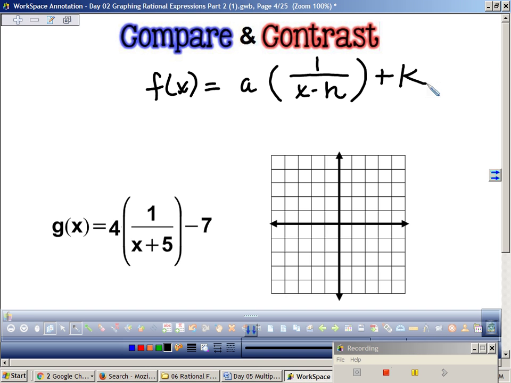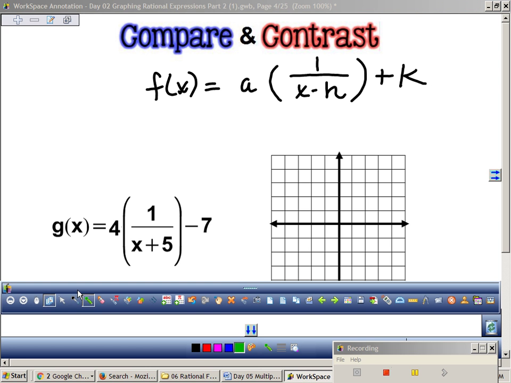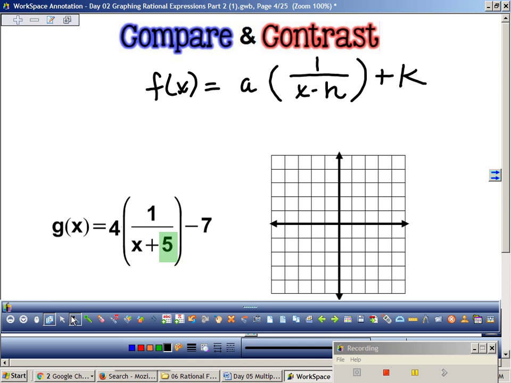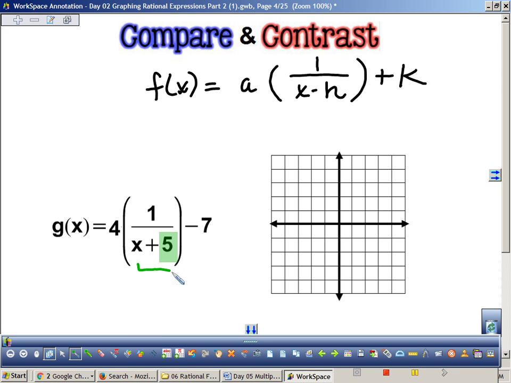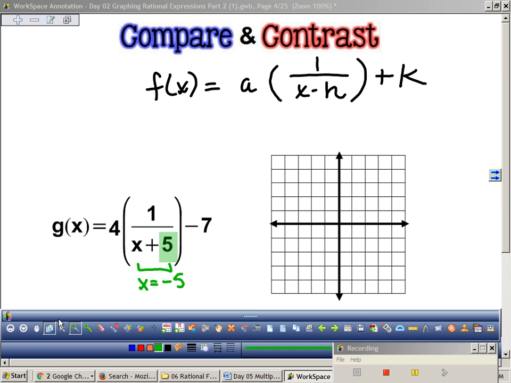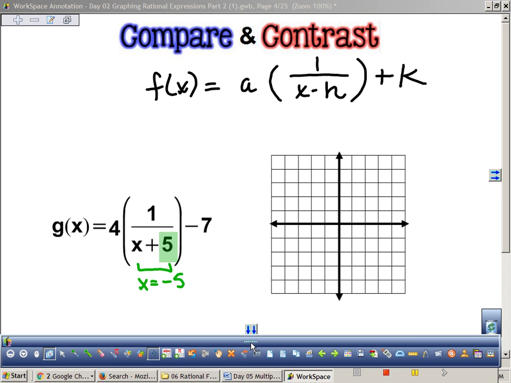Okay, so let's start with this. So at x equals -5, I want that to be my 1, 2, 3, 4, 5. That's going to be my vertical asymptote.